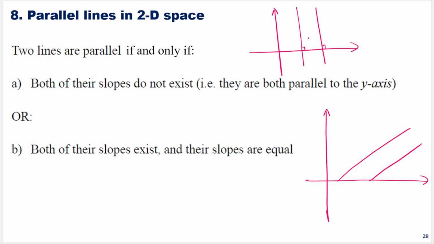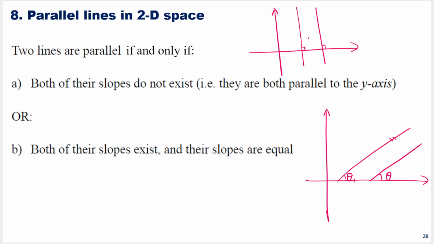If their slopes exist. Because, first of all, if two lines are parallel, then we know that this angle must equal this angle here, right? And actually, we can use this angle to calculate the slope of each line.